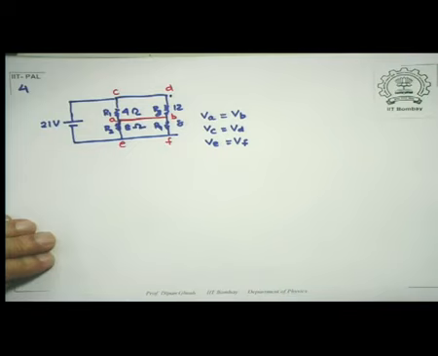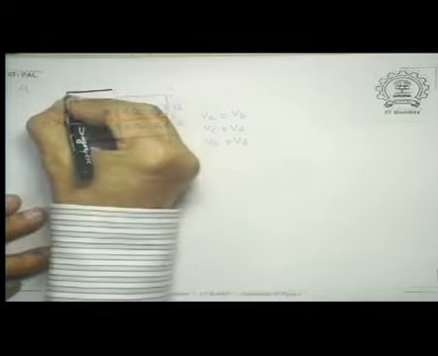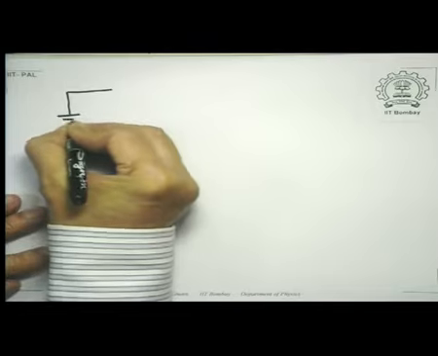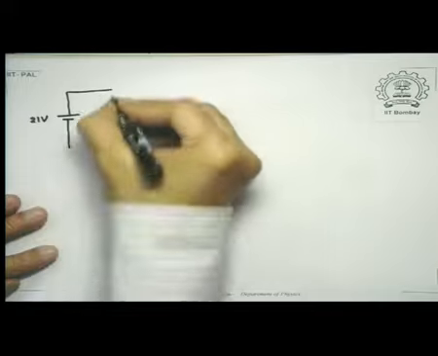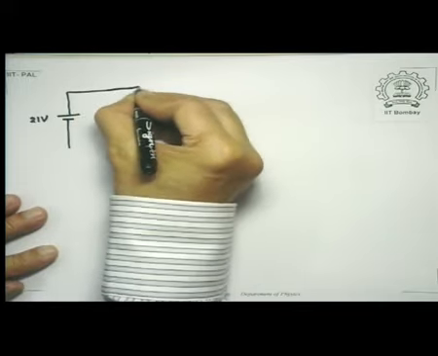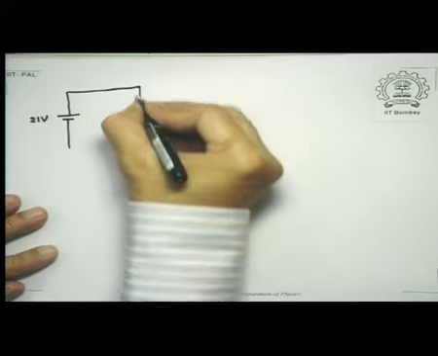If you recall, I had said that the way to recognize whether some resistances are in parallel or not, you have to find out whether the potential drop across them is the same. We can redraw the circuit in the following way. So remember that I had the 21 volt drop here, and the circuit is essentially equivalent to the following situation.